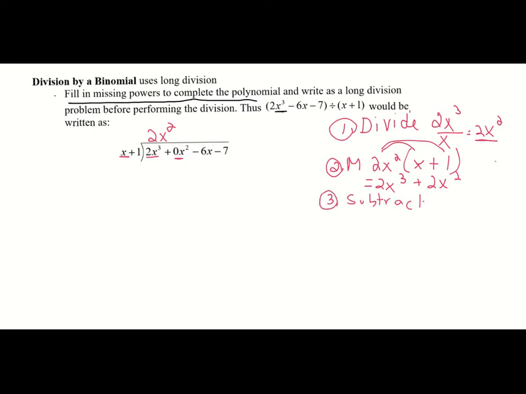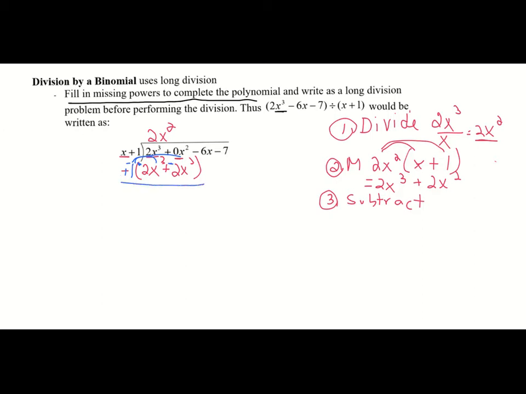All right, and this is where it gets a little tricky. We are subtracting this whole expression, the 2x cubed plus 2x squared. But remember, when we subtract, it's like we have that negative 1 on the outside that we have to distribute. So that negative changes the signs of everything on the inside. It's going to make that positive 2x cubed a negative, and that positive 2x squared a negative, because you take the opposite.